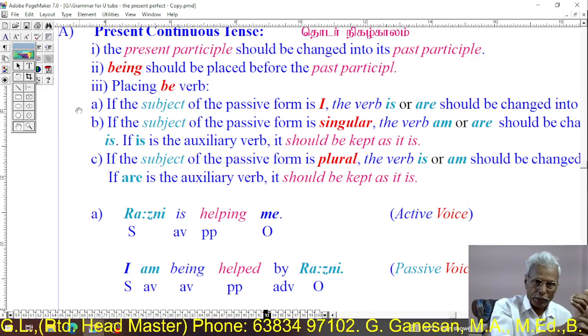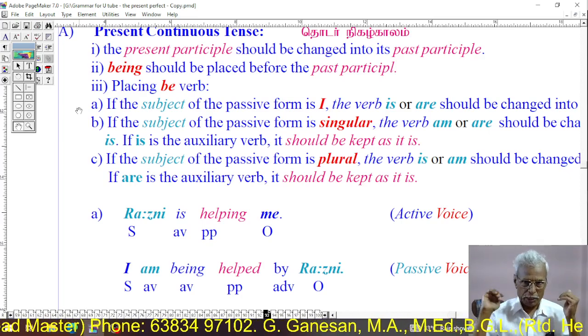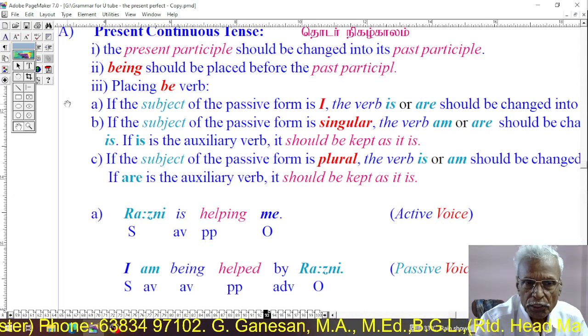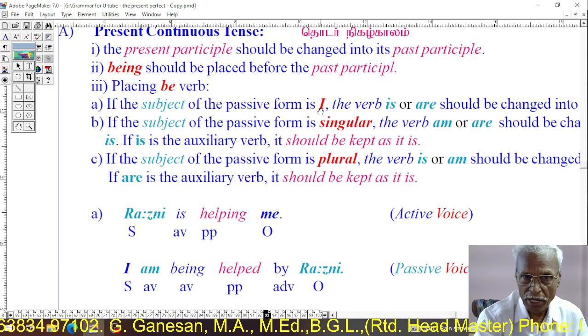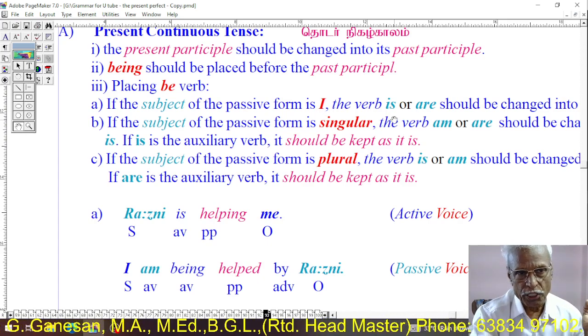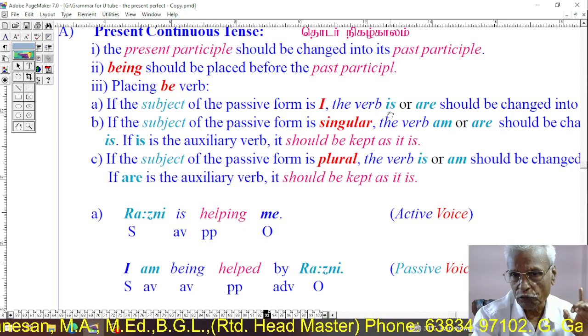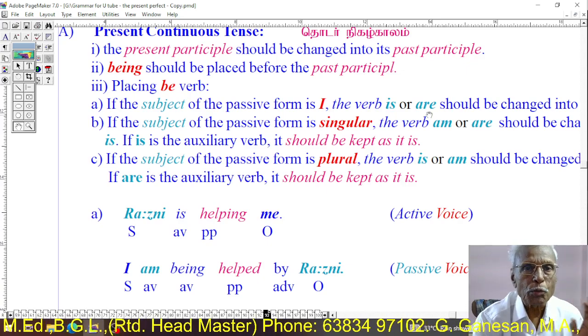Then before being, any one of these three be verbs am, is, are should be there. Now, if the subject of the passive form is I, am should be placed there. If there is is or are, this is or are should be changed into am.